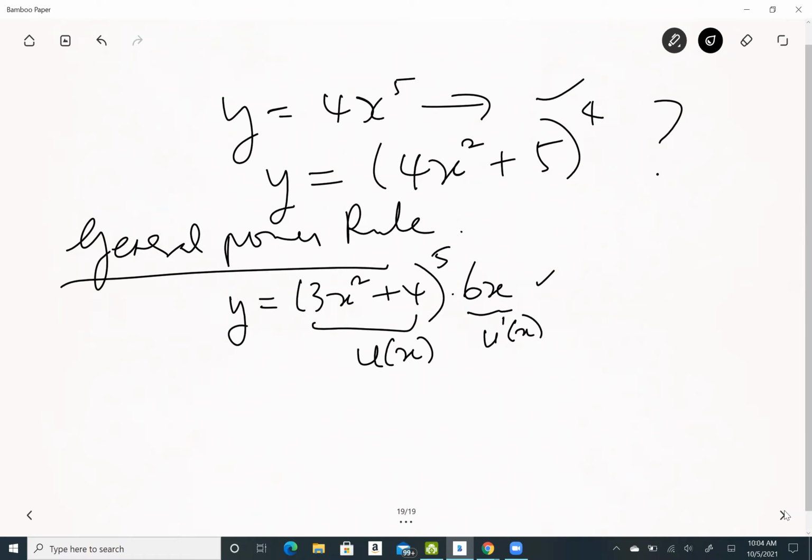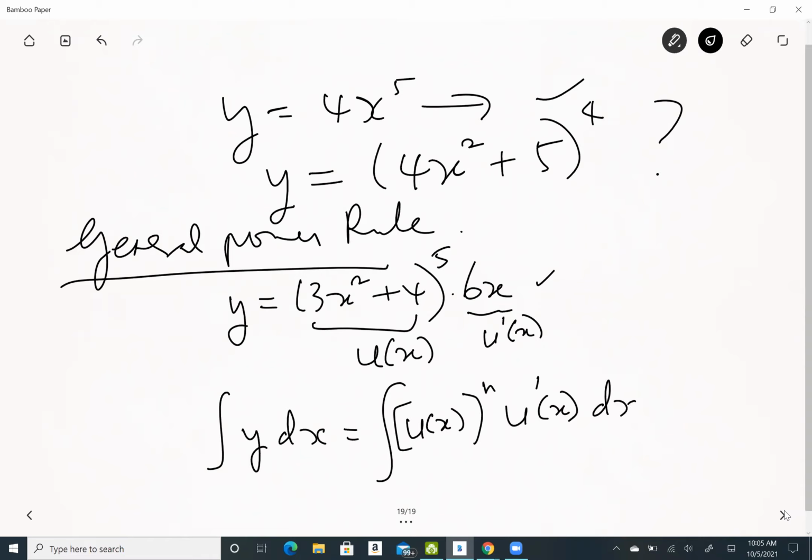So what you want to find is the integral of y dx, which will be equal to the integral of u of x to the power of n, and then you have u prime of x dx.